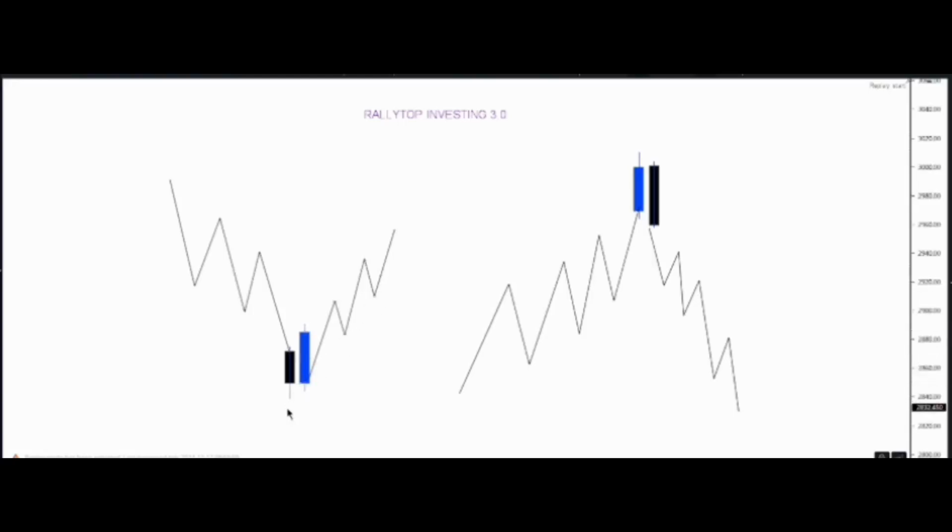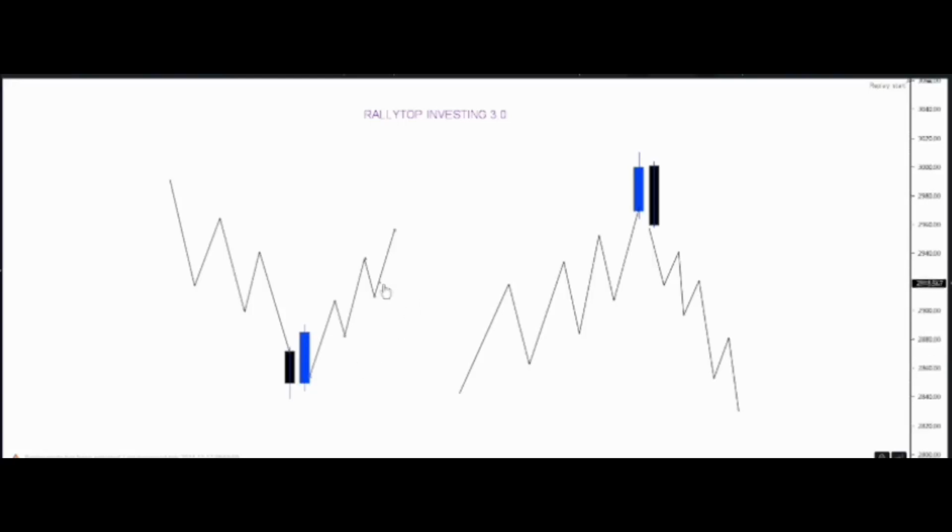Okay? And as price is going higher, you need to always take advantage at the low. Every time price pulls back, look at the low. If you find this two candle formation, take the trade. You find the next pullback, the low of the next pullback, you find this two candle formation, you continue to stack on the trades.